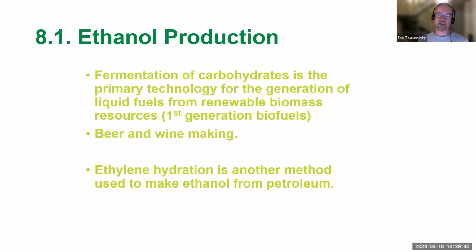So that's the major use of ethylene. But if you have a facility that produces ethylene and there is not any polymer processing unit nearby, in some cases it makes sense to convert this ethylene gas into ethanol.